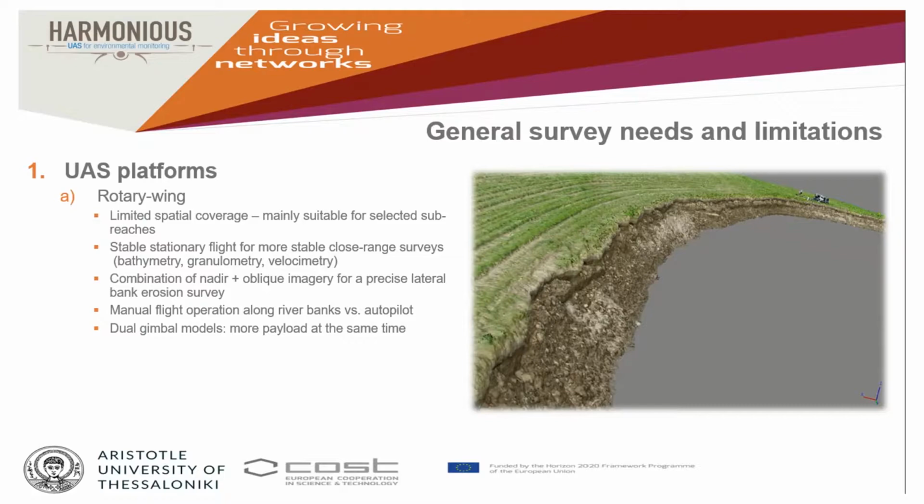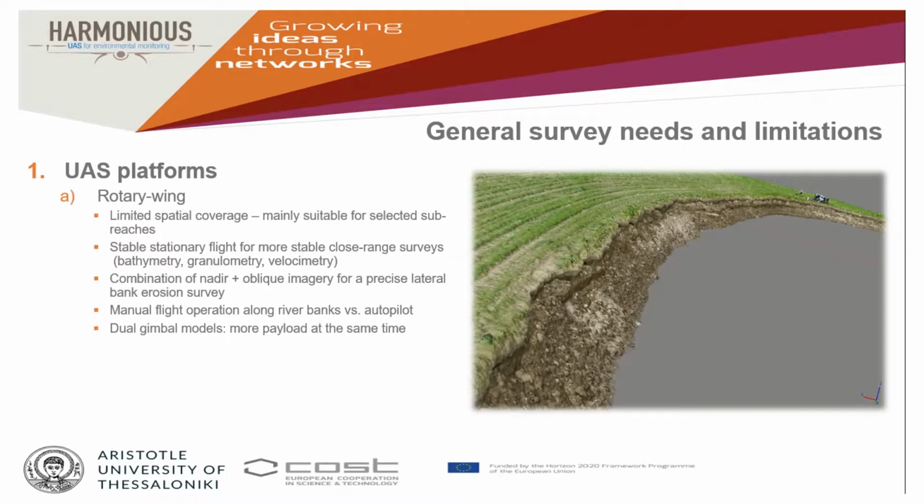Generally, they have limited spatial coverage due to the battery characteristics. So mainly these rotary wing, even smaller or medium-sized drones, are better for only the survey of selected subreaches or one selected bend system. But the other positive part is that they can provide stationary flights.